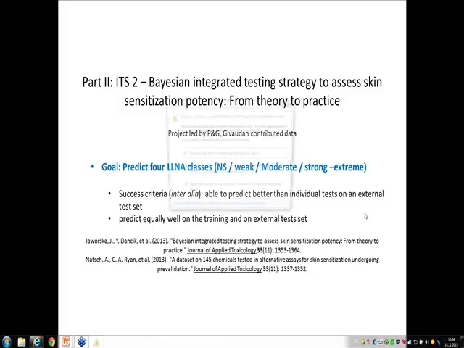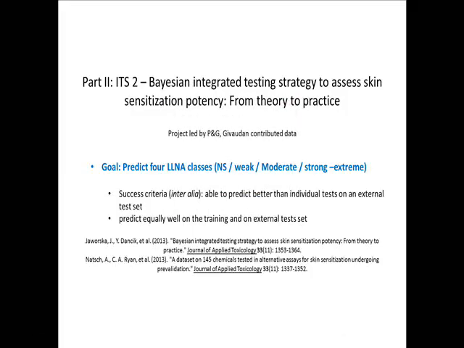So the project we had, where we contributed to the project of Procter & Gamble, was to arrive with a Bayesian testing strategy at a prediction, and the goal was to predict the LLNA classes. So not just yes, no, and not a linear EC3 value, but to predict which of the LLNA classes, non-sensitizer, weak, moderate, or strong to extreme, a certain chemical is most likely to fall in.